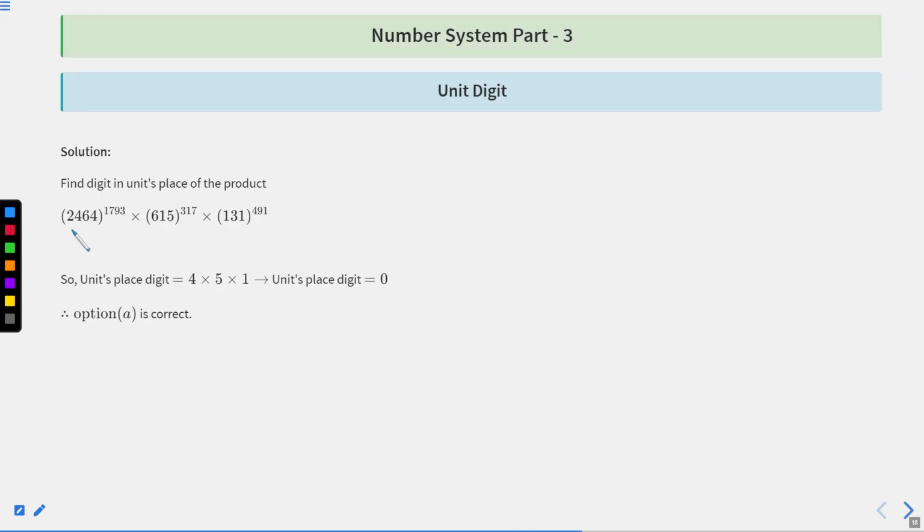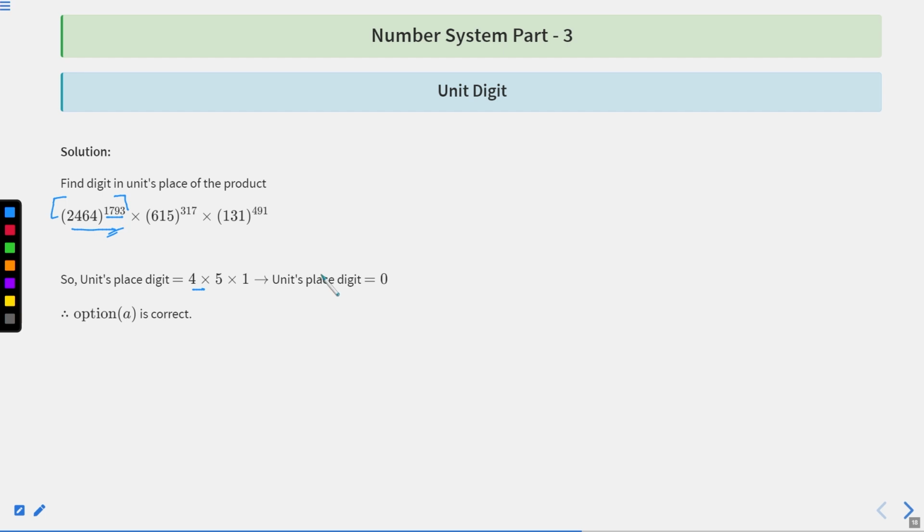So for this number the unit digit will be 4. How we calculate the unit digit, I don't have to tell you because we have already solved a lot of examples in which we find the value of the unit digit for this kind of number. Simply divide 1793 by 4 and check the table that we have created.